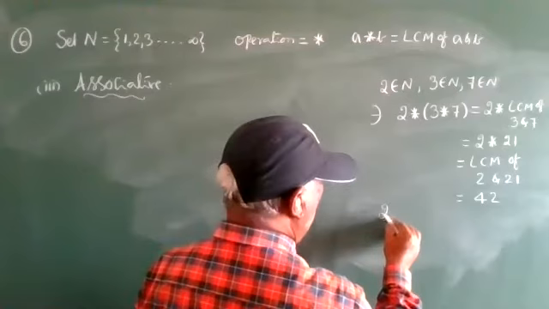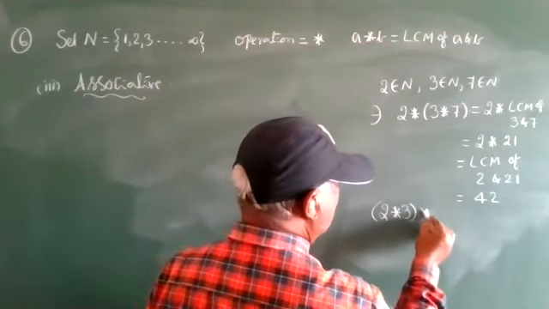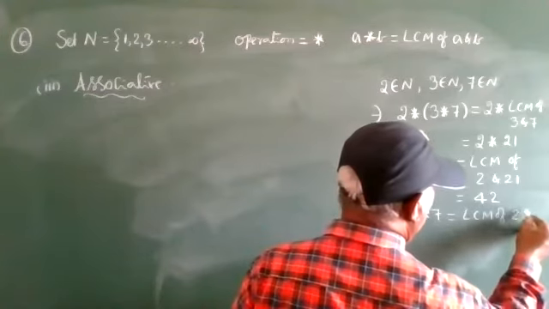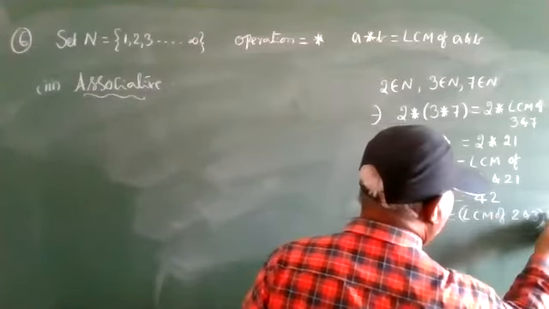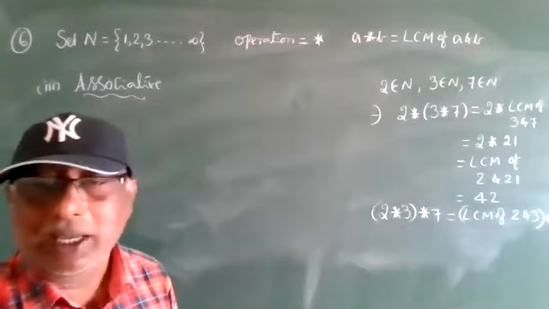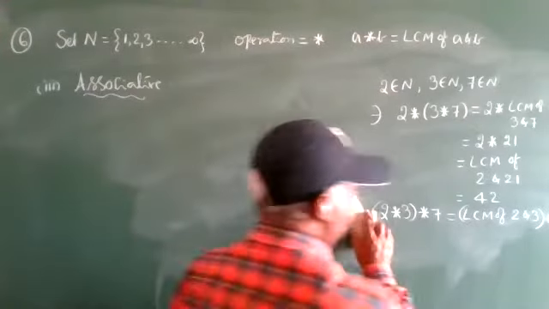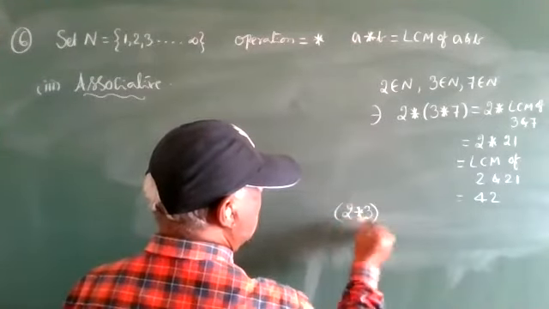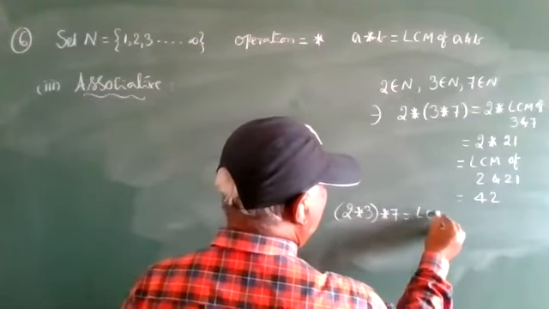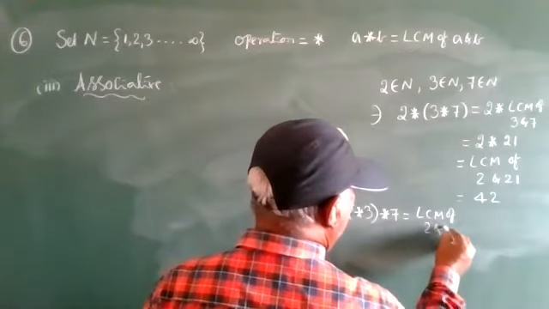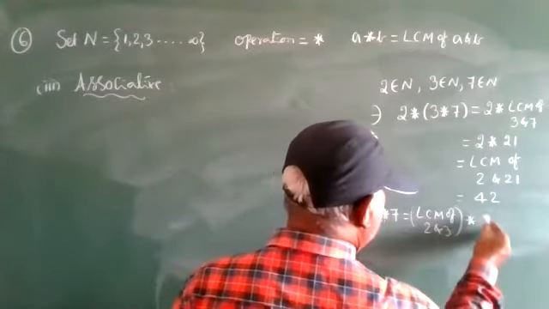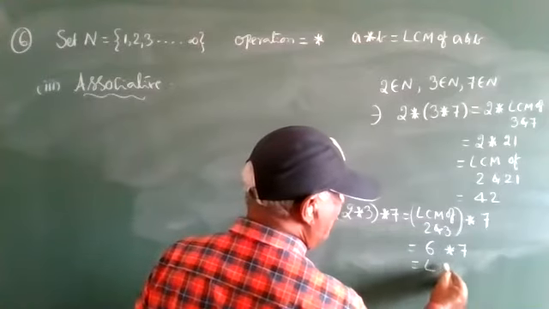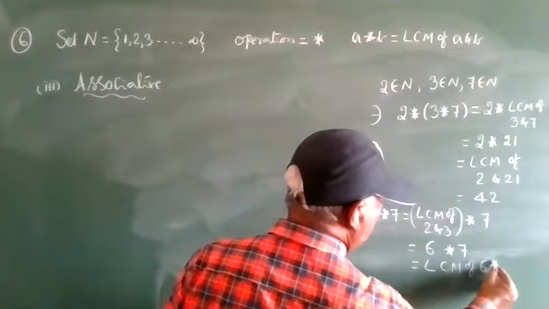Now take (2 star 3) star 7. LCM of 2 and 3 is 6, so 6 star 7, which is the LCM of the 2 numbers 6 and 7.